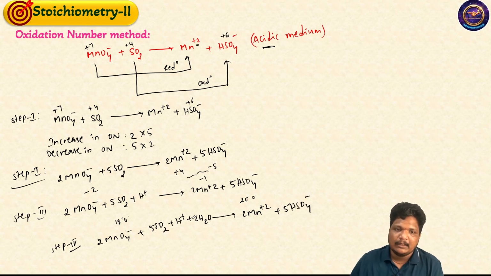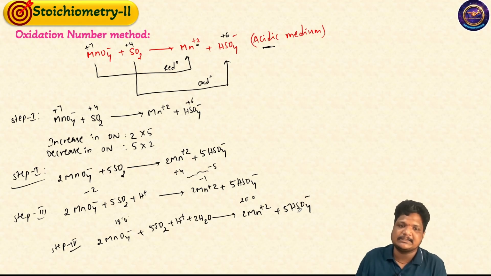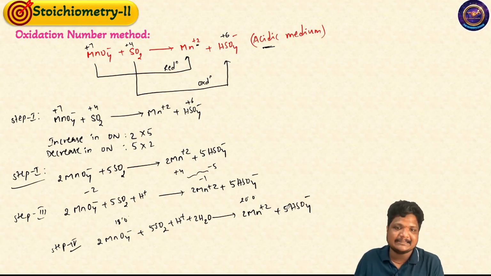So how many hydrogens here? 5 hydrogens, here also 5 hydrogens. So once you balance the oxygens, automatically hydrogens are also balanced. In this way, you can simply balance any redox reaction by using this oxidation number method. This is the easiest method to balance the redox reaction in your competitive examinations.